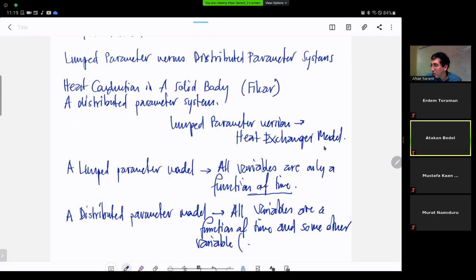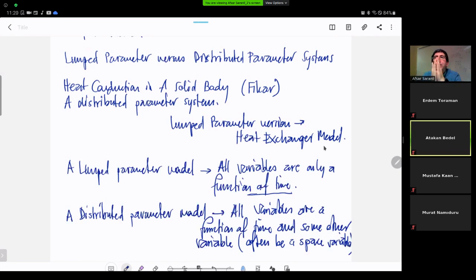This can often be a space variable, but not necessarily. There can be other variables resulting in other interesting systems, but if it's a space variable, then what you're talking about is that you also worry about where you are measuring the variable.